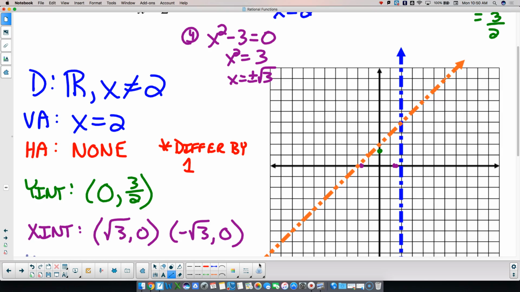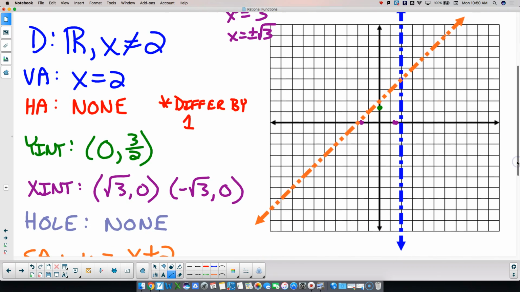Let's fill in some points, right? Okay. I need 3 points on the left side of my vertical asymptote. Do I already have 3 points on the left side of my vertical asymptote? Yeah, 2 purples, 1 green.